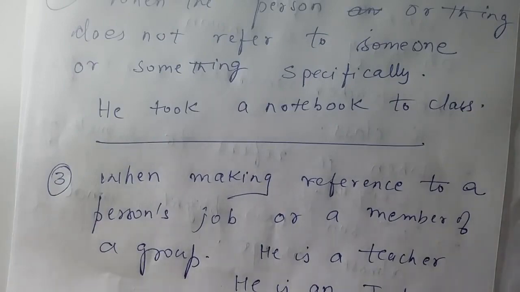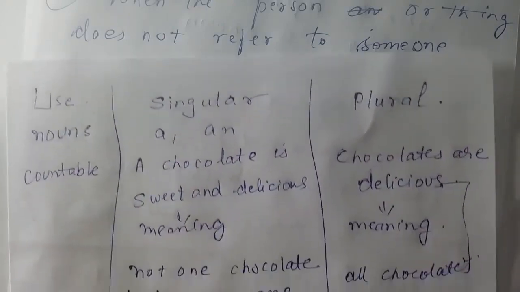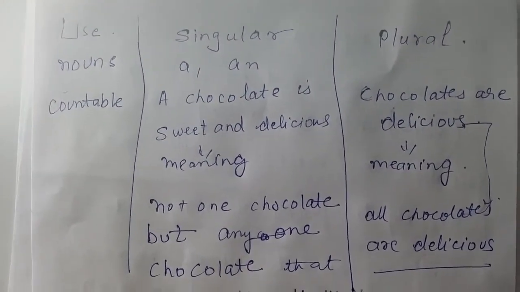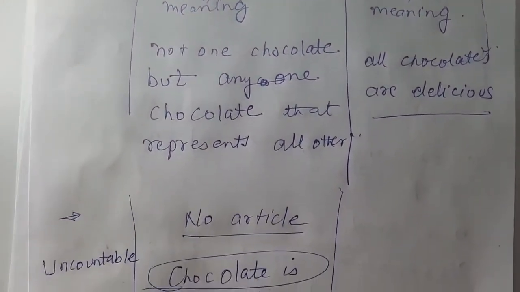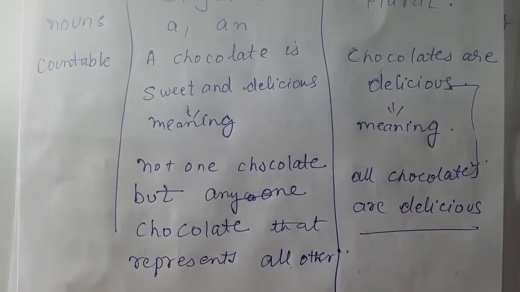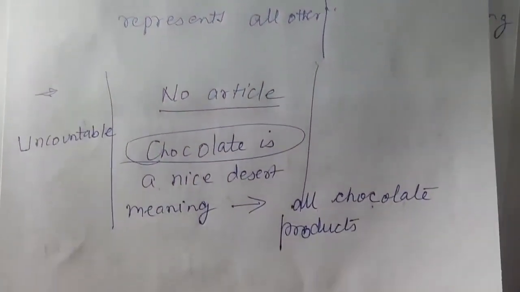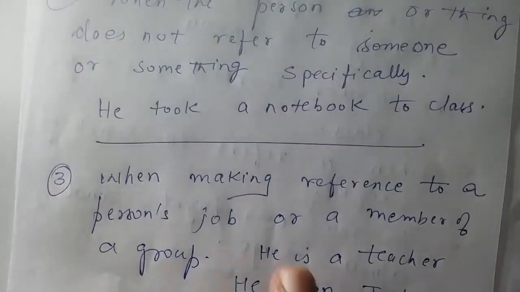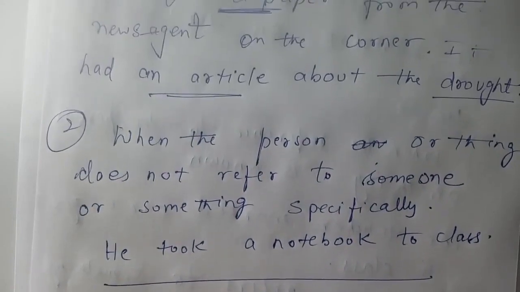After that, this is about countable nouns. The examples are in front of you. This is about uncountable nouns, right? After that, my second page is there.